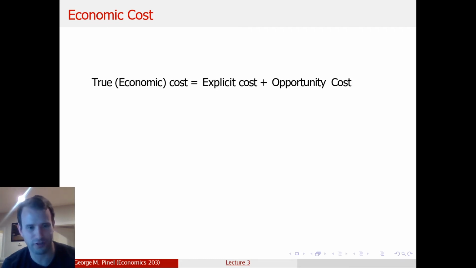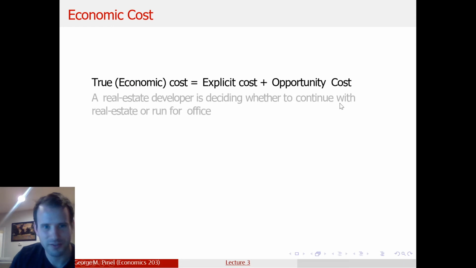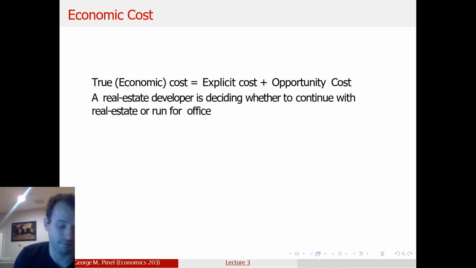So your true cost of going on that date is $100 explicit cost plus $70 opportunity cost, so $170. Okay, let's use a better example, or I should say a less controversial example. Or maybe a more controversial example.